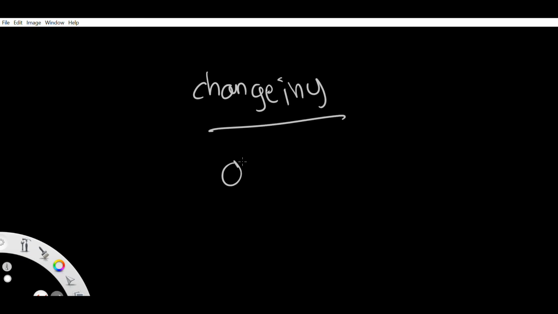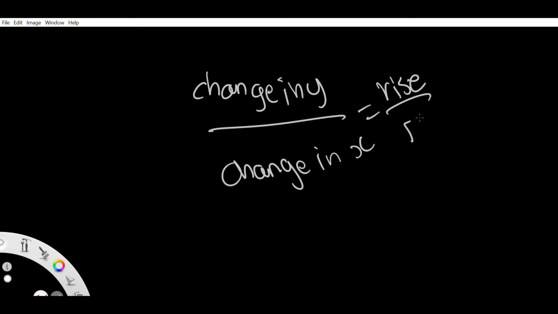Similar to rate of change, the slope is also a change in two values. However, for this one, it would be the change vertically over the change horizontally, or the change in y over the change in x. So you can also say this is rise over run.